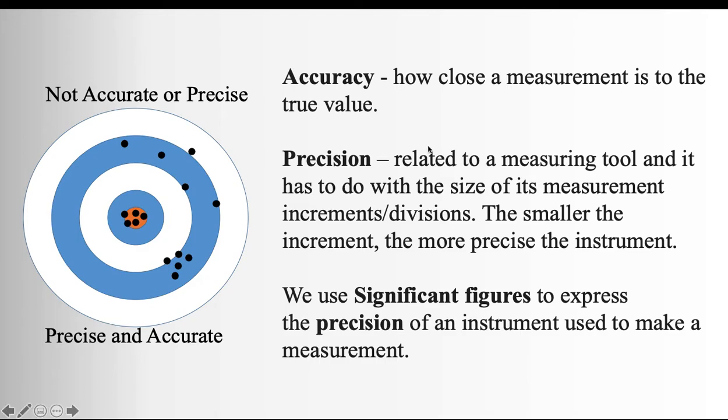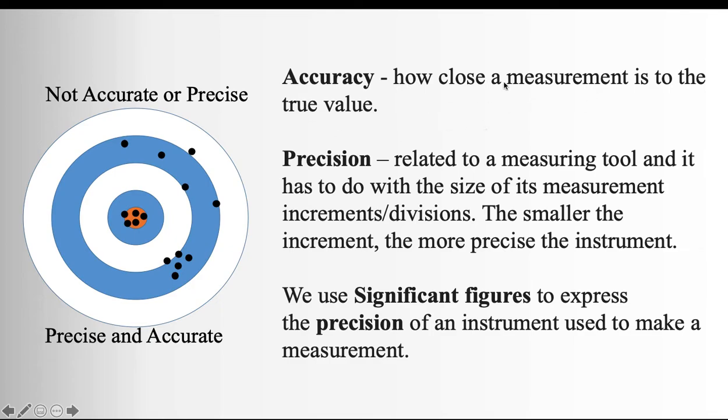Now we talk about two different things when we talk about a measurement: accuracy and precision. There's a difference between these two. So accuracy, we talk about accuracy when we talk about how close my measurement that I make with an instrument is to the true value. So how close do I get? There's always a little bit of uncertainty associated, but how close do I get when I make a measurement to the true value?